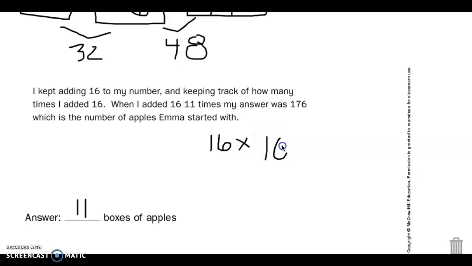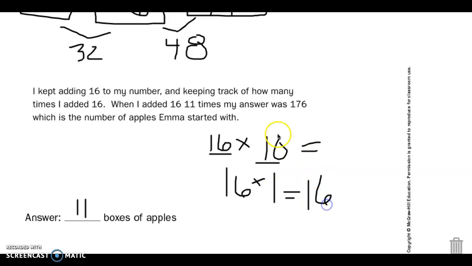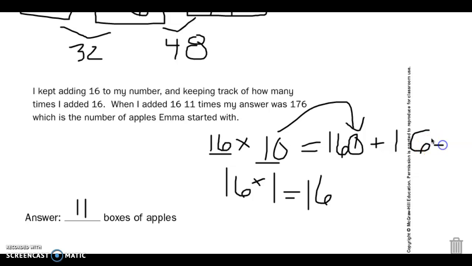So I could have started with 16 times 10. And I could have looked at my basic facts and I could have said 16 times 1. Any number times 1 is itself, so 16 times 1 is 16. If I dropped that 0, you betcha I have to add my 0. So it'd be 160, and then I would keep adding 16 till I got to 176, which is just one more time.